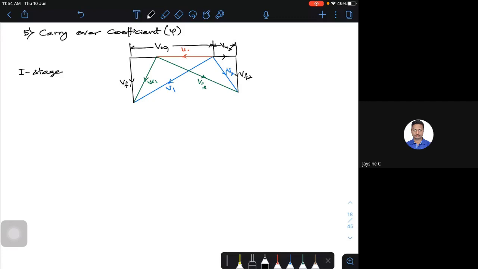Let me draw the angles alpha 1, alpha 2, and this is my beta 2, this is my beta 1. These are the blade angles. If I call this x, which is equal to VW1 minus VW2, and I call this y, which is equal to VW2 plus u. Okay, x and y.